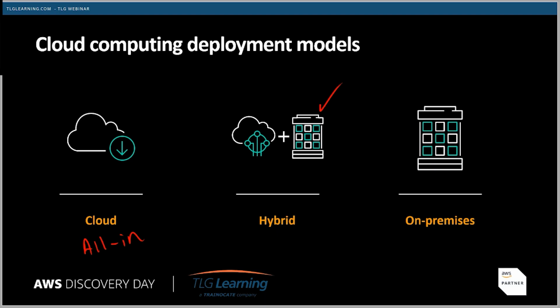Or we could expand and migrate some resources to the cloud. So we set up a hybrid model. We connect your on-premises data center to a cloud environment like AWS and use that cloud as an extension to expand your capacity for your organization.